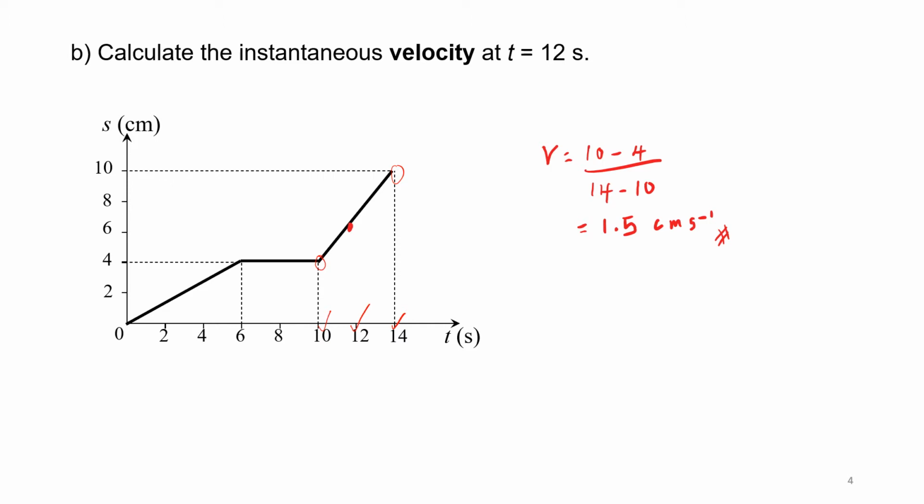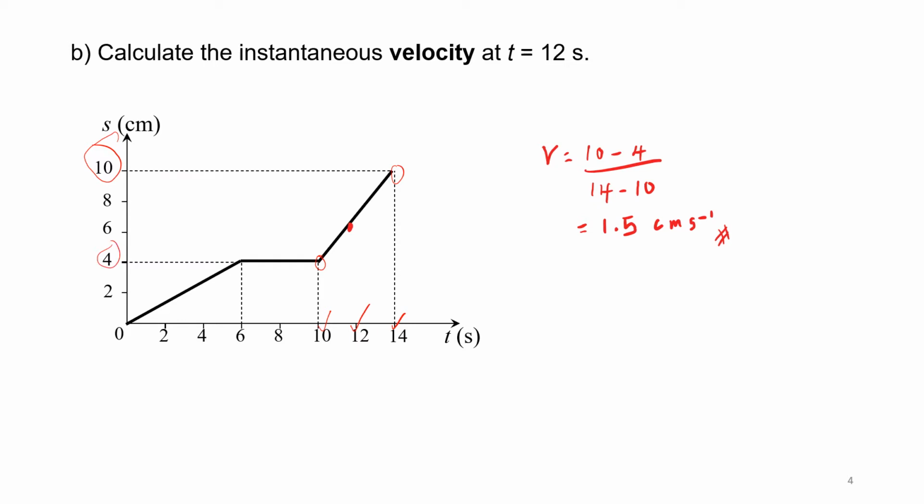Now, we must calculate the gradient of the graph from time 10 seconds to 14 seconds. We use the final displacement 10 centimeters and the initial displacement 4 centimeters.